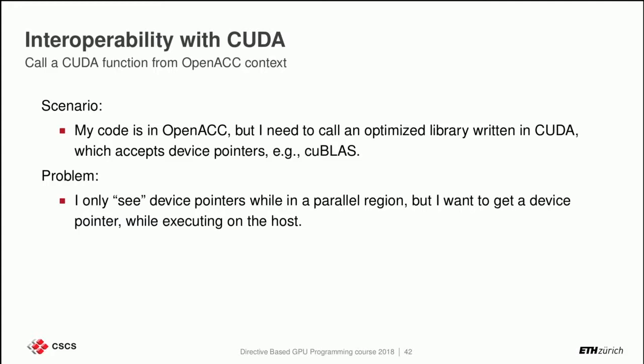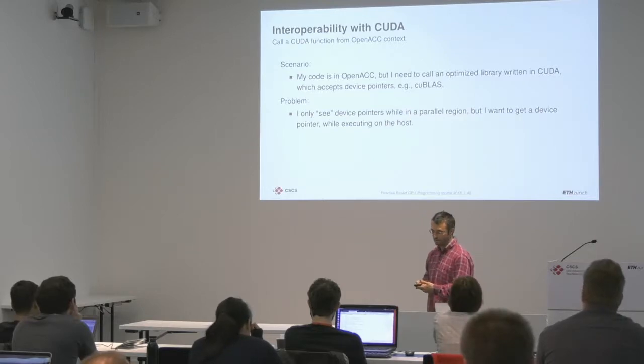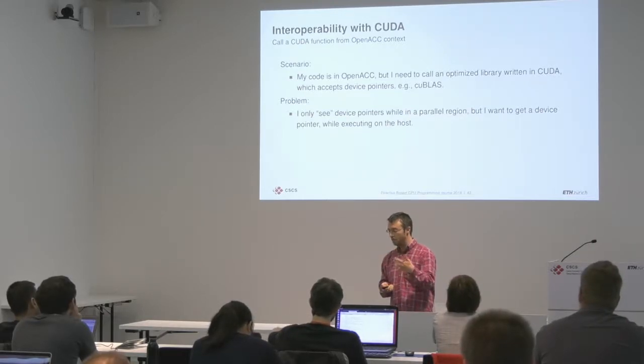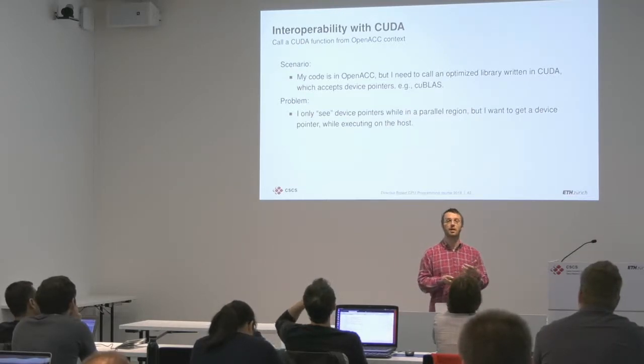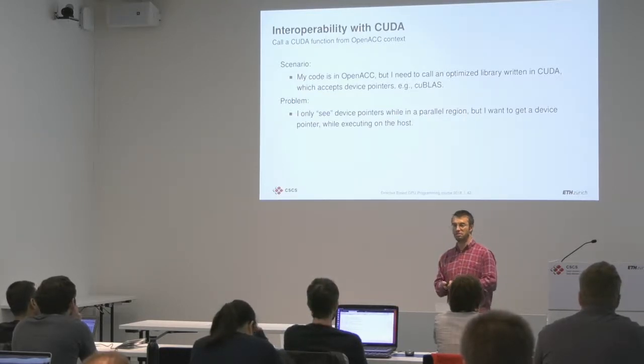So you are already executing and then you see the device copy. But here you need to see it outside of this. Currently, outside of this, the only thing an OpenACC program sees is the host pointer. So ideally, you would need a way to ask the OpenACC runtime: give me the corresponding device pointer for this data structure.